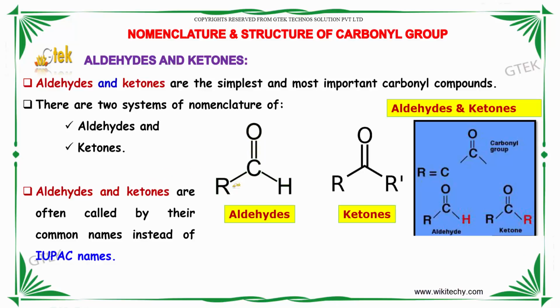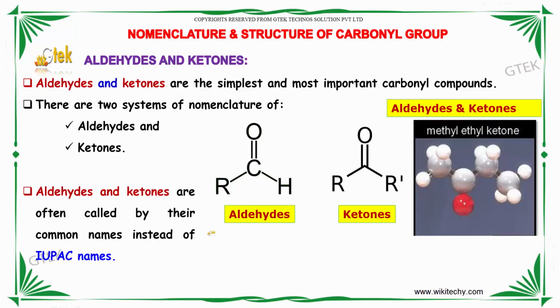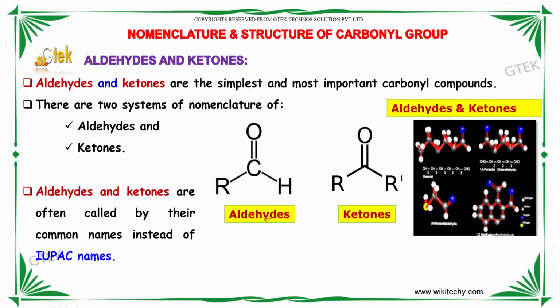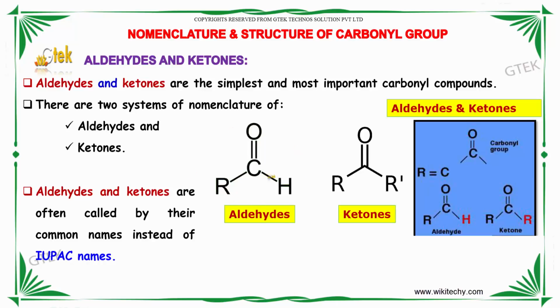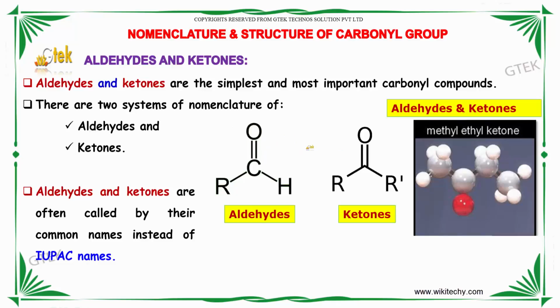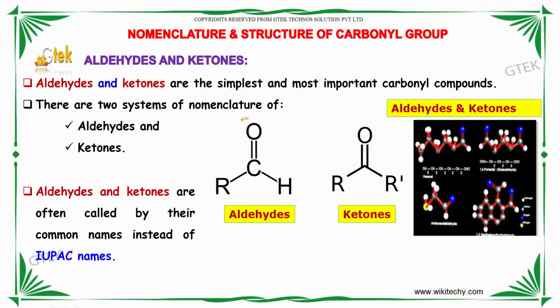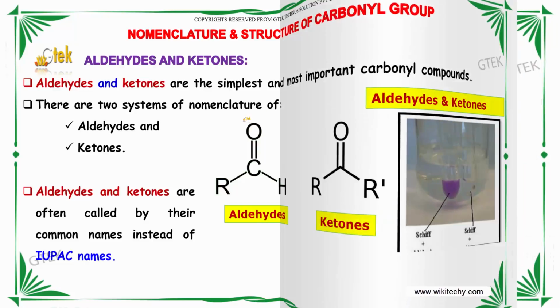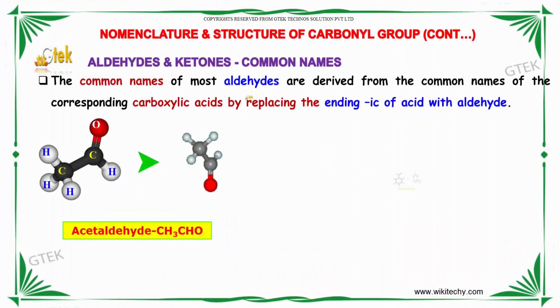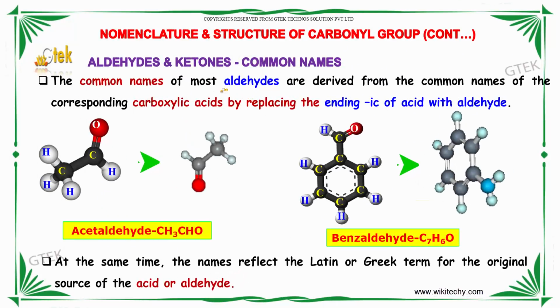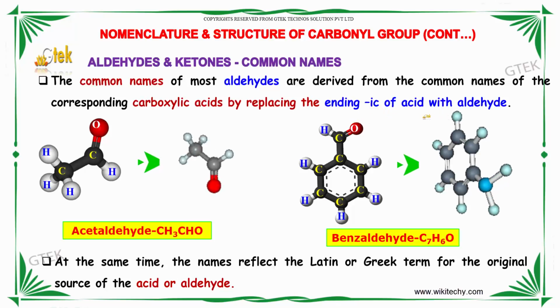Aldehydes and ketones are often called by their common names instead of their IUPAC names because it is much simpler. These are the general structures of aldehydes and ketones. The common names of most aldehydes are derived from the common names of the corresponding carboxylic acids by replacing the ending IC of the acid with aldehyde.